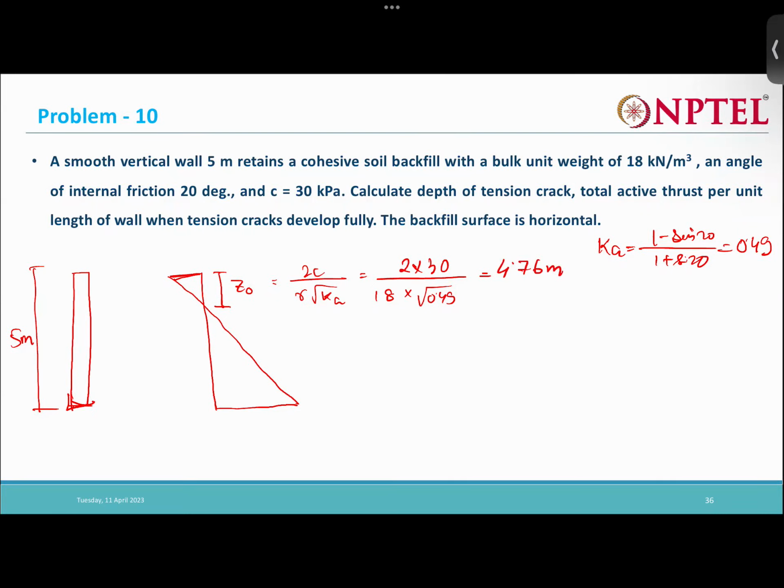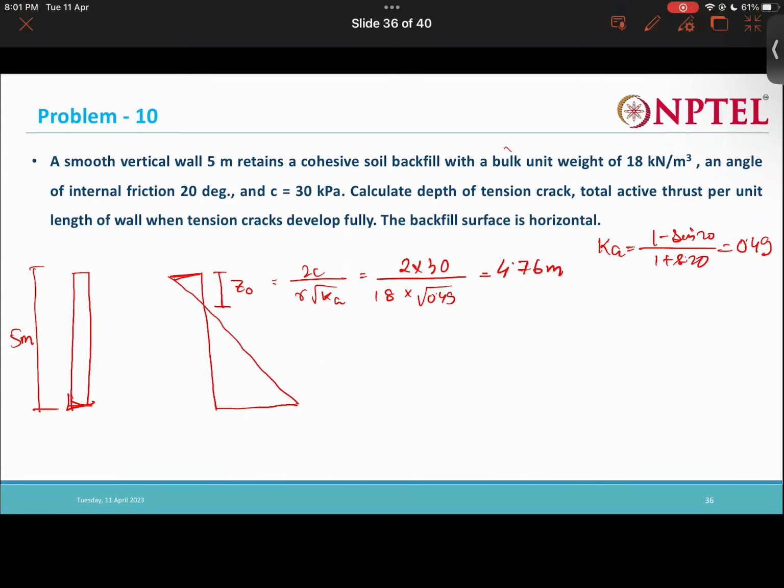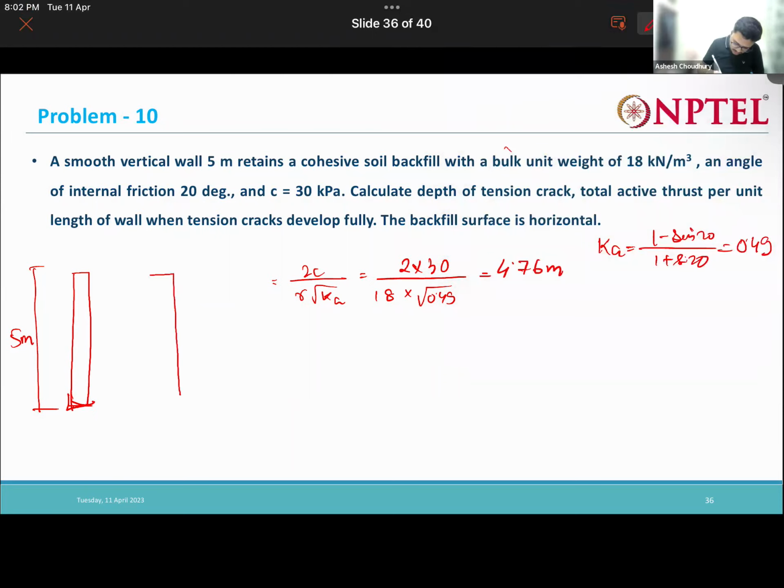So this is actually large. If I redraw this, this is Z naught; above it is negative, below it is positive. So this upper portion won't be there, only the lower portion will be there. What will be this?